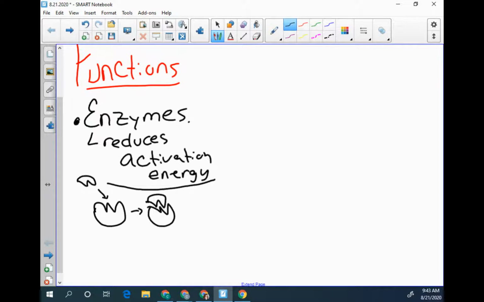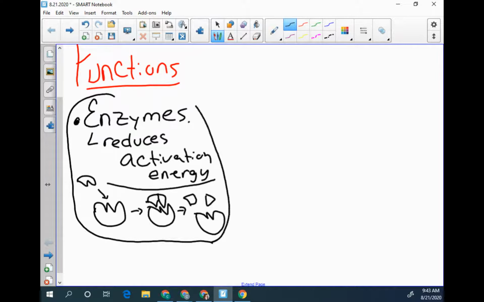And after our enzyme substrate complex, we've got our reactant or our products. Essentially, enzymes are proteins that reduce activation energy by giving the chemical reaction a place to take place in. That place is called the active site.